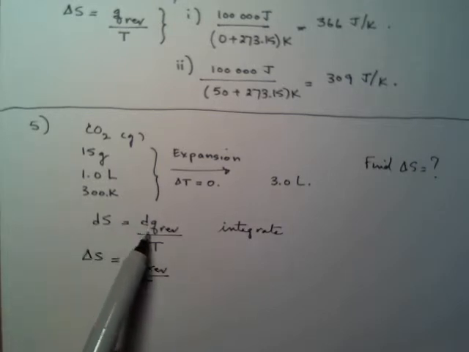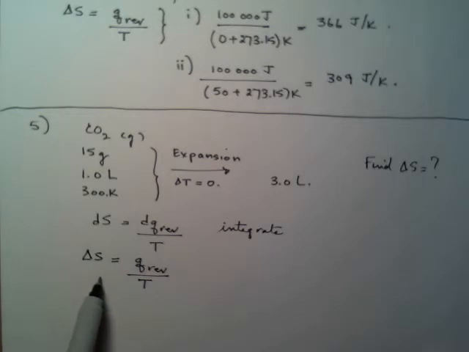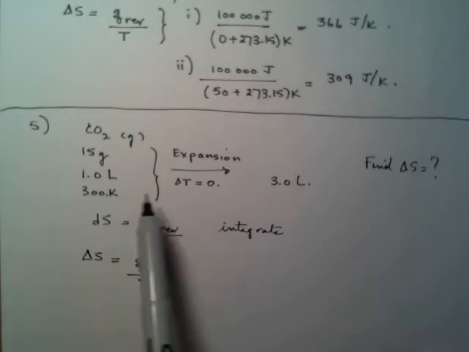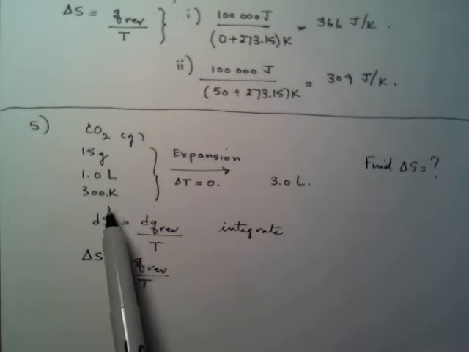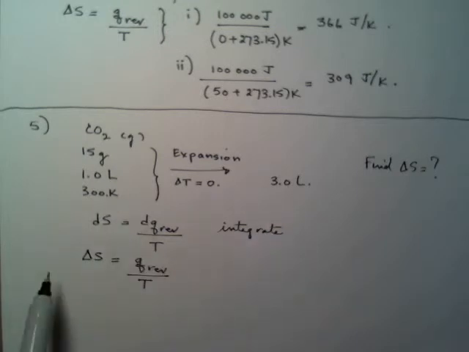So dq integrates to just Q reversible, and temperature is constant. I don't have the Q, but this is an isothermal expansion of a gas. I do have the 2 volumes.